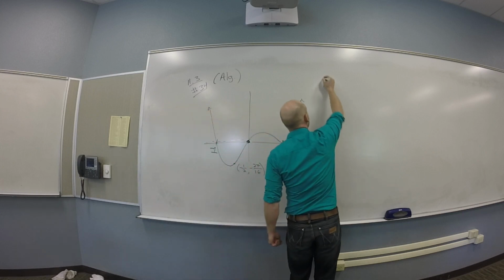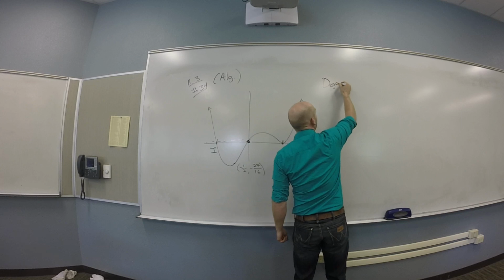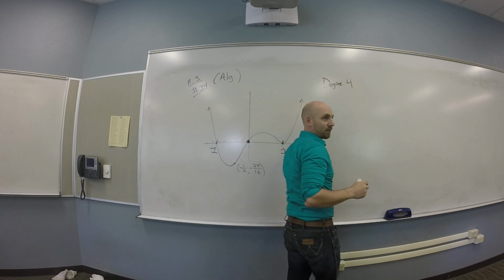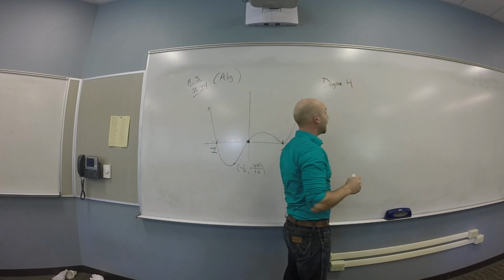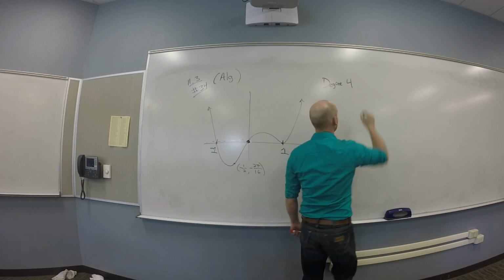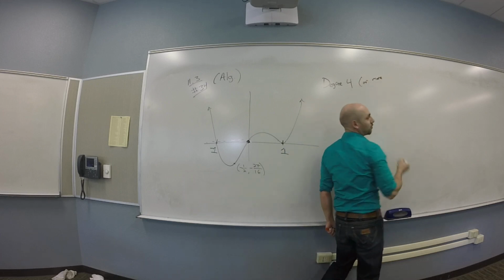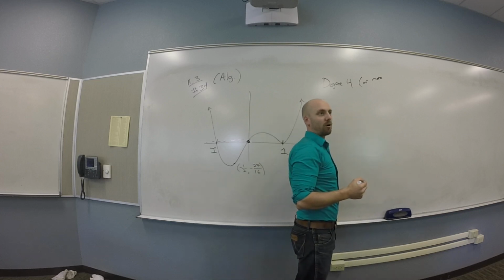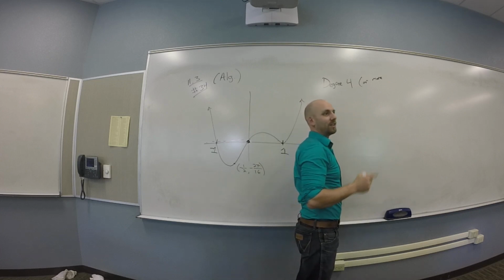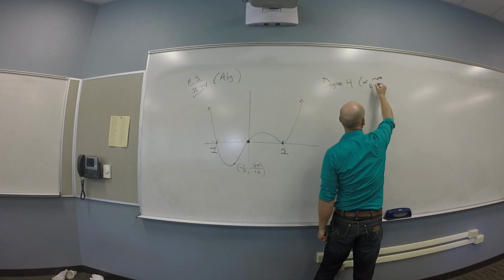Okay, so let me write things that I know. I know this is degree 4, at least, or more. Right? If it's more than degree 4, what else do I know about it? It's definitely even and positive.